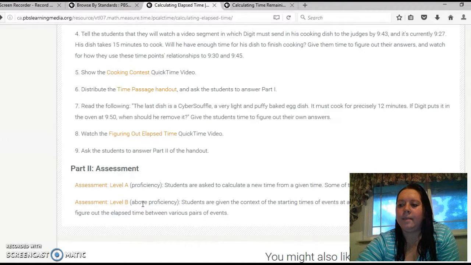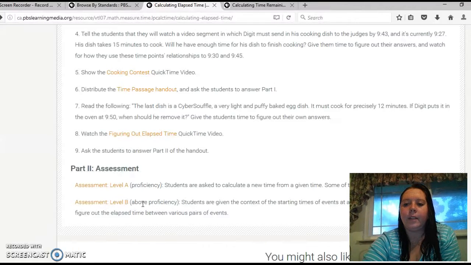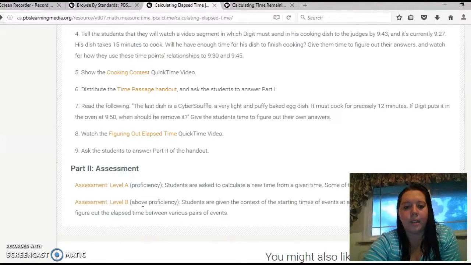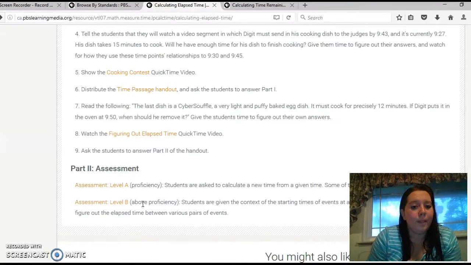Something that I would do to make it more relevant to 21st century learners is by adding to the assessment, especially assessment B, by having the students plan maybe a movie and a dinner trip with their families.